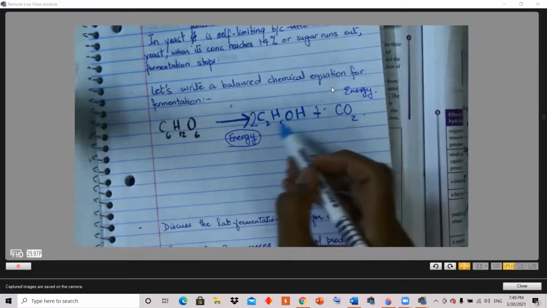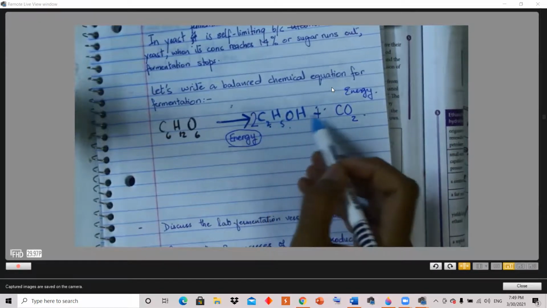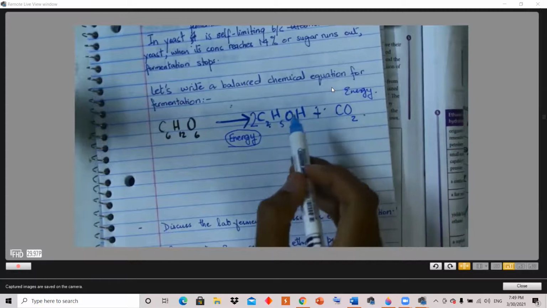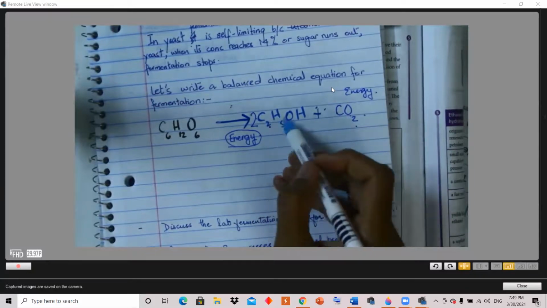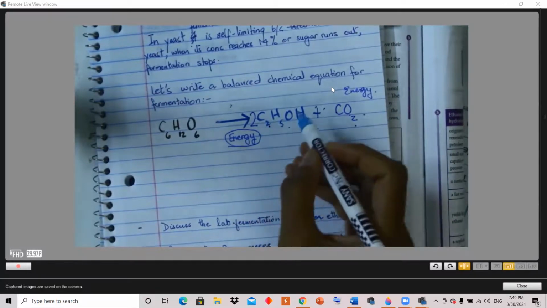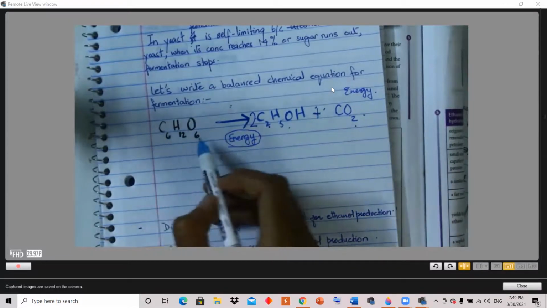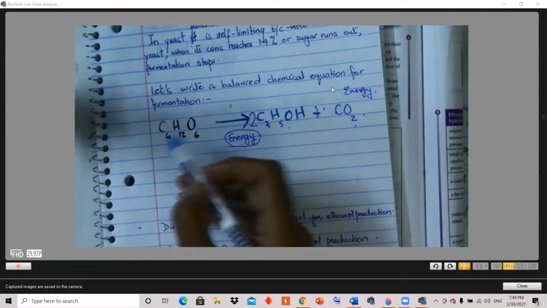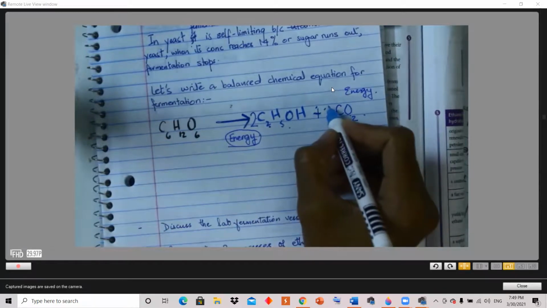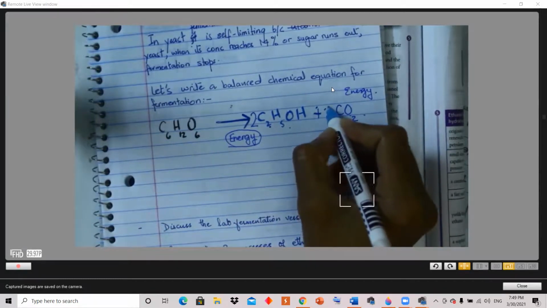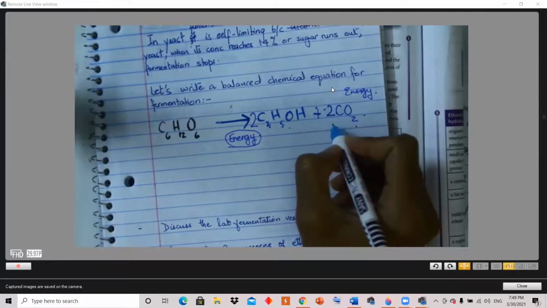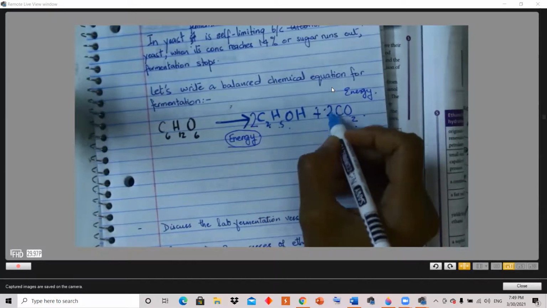What about carbon? 2 twos are 4, 5. No. And oxygen are 4. Now, I shouldn't add anything here because this is already more in number. I should add here. So 2 twos are 4, 5, 6.